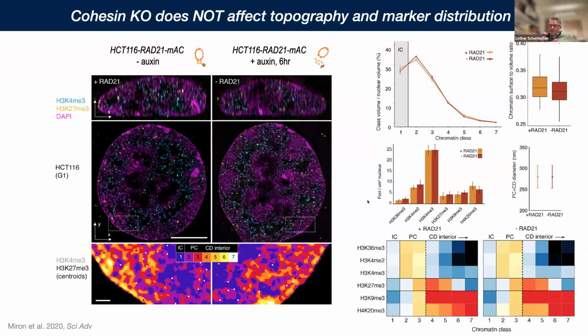So essentially, the domains will form whatever with or without cohesin, and it's only the effect of cohesin loop extrusion that will position domains correctly on the 2D scale.